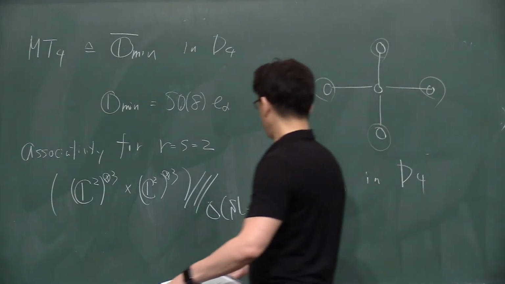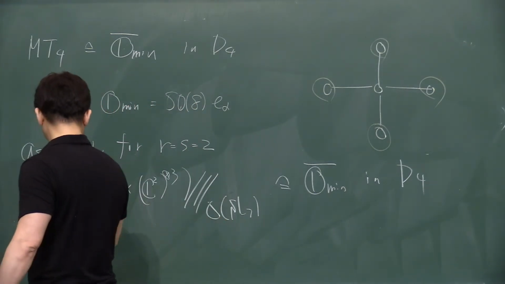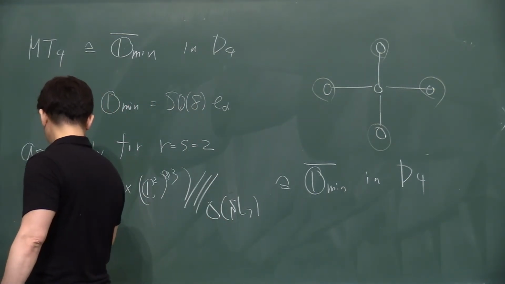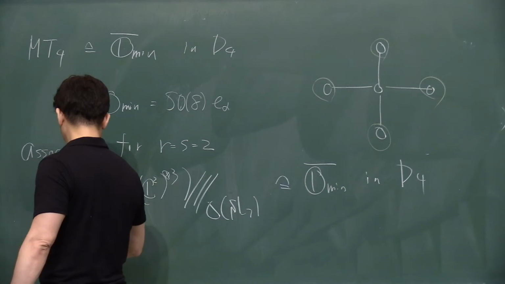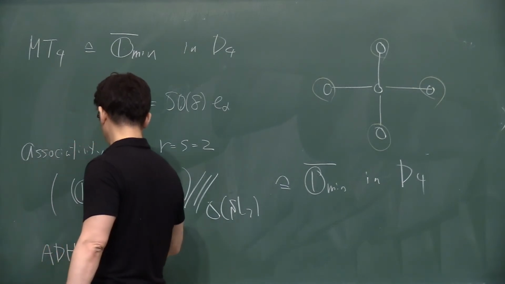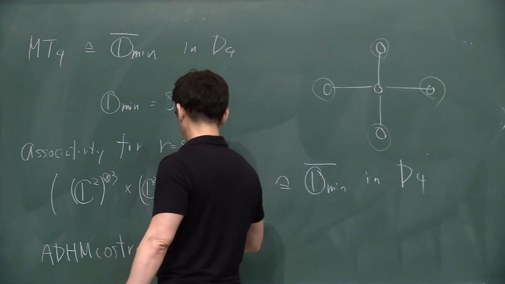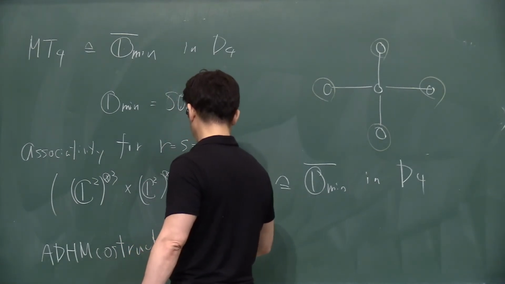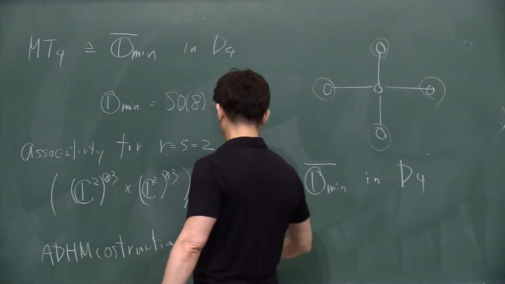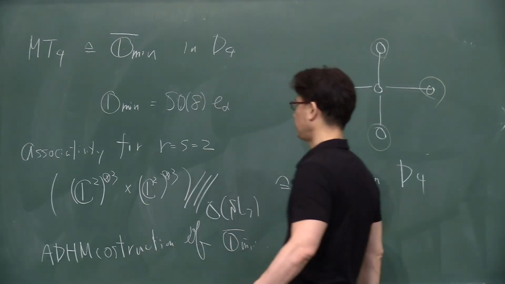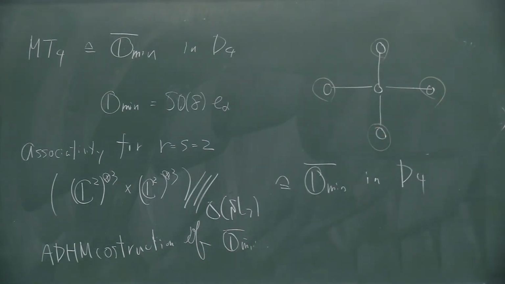But it was well known to physicists as the ADHM construction of the minimal nilpotent orbit closure. So the associativity condition in general describes this kind of highly non-trivial isomorphism between symplectic varieties.